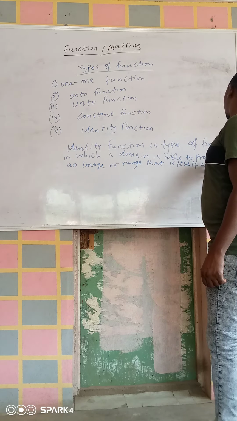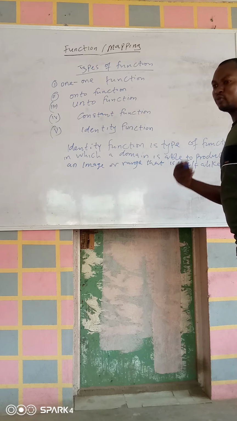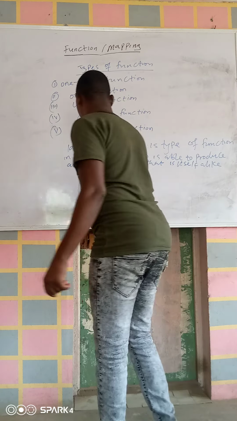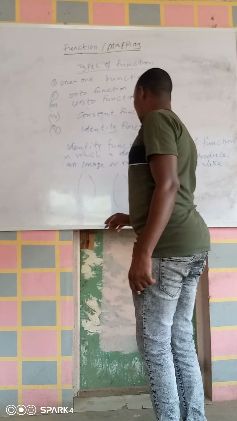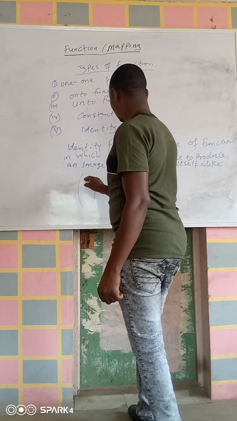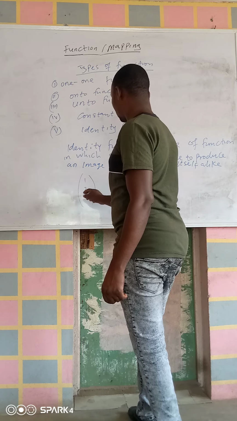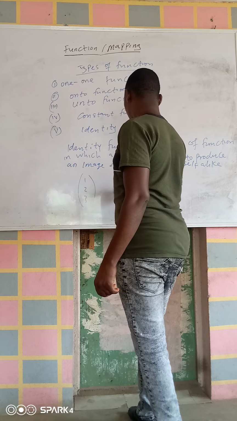So it's able to produce itself. An example of this picture: I have 1, 2, 3, and we also have 1, 2, 3.